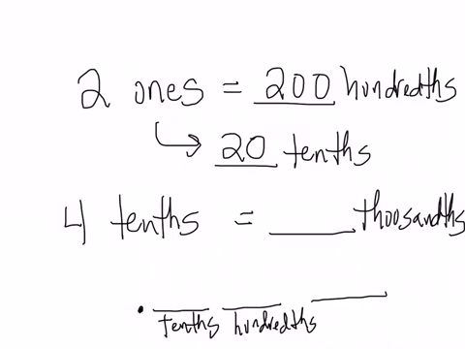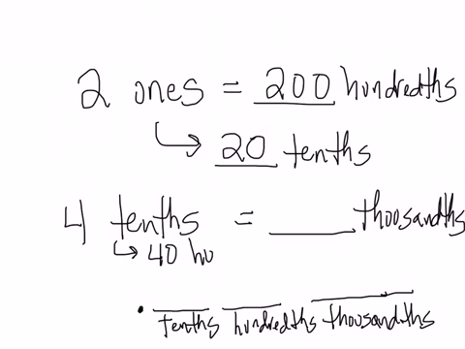And this spot here is thousandths. So I have to go from 4 tenths, turn it into hundredths, and then turn that into thousandths. So 4 tenths is the same as 40 hundredths, which is the same as 400 thousandths.